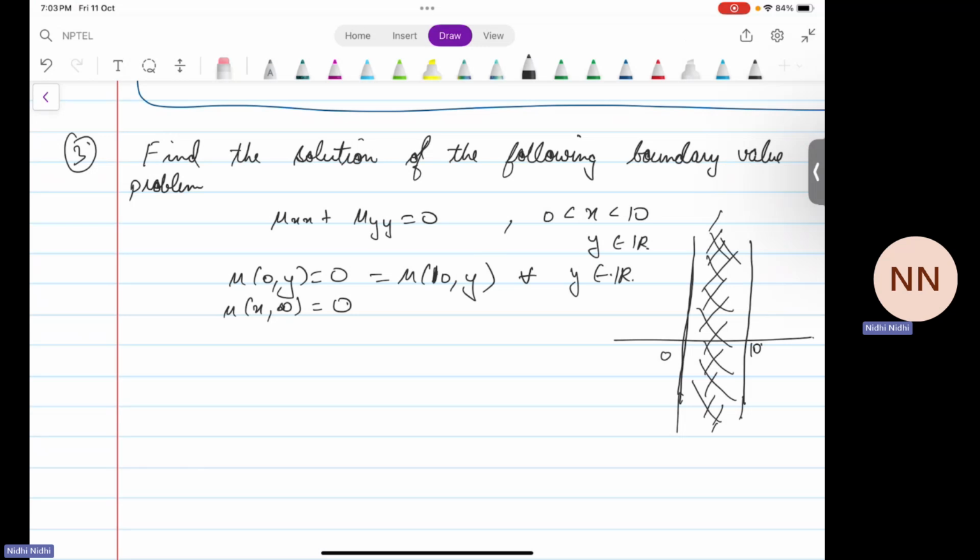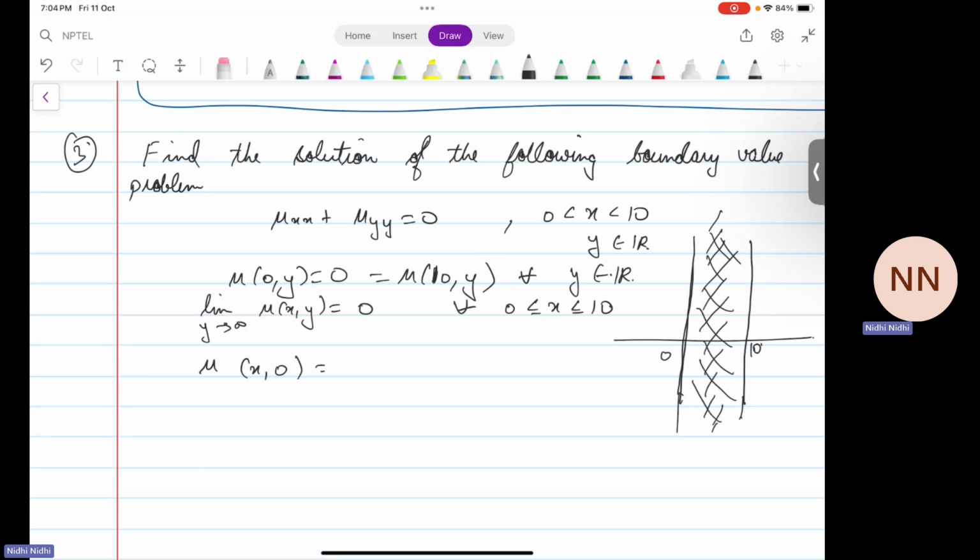So instead of writing u at x comma infinity, it is better to write limit y tending to infinity u(x,y) is 0 for every x with 0 less than x less than or equal to 10.